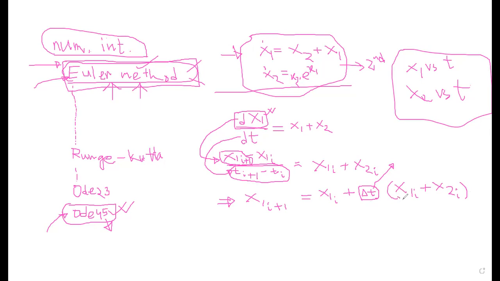If I know x1 at the ith instance and x2 at the ith instance, and I set this delta t to some value according to my requirement, if I want more steps in my plot, then I will take delta t small, so that the points on the final plot of x1 versus time would be much closer. This is known as the sampling time or discretization step of your solution.